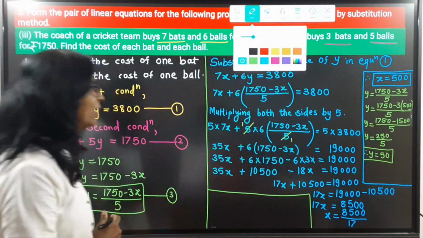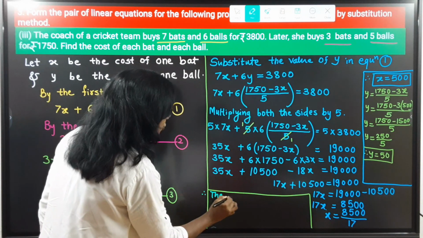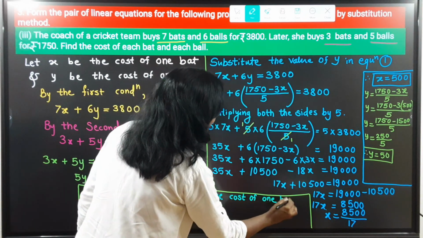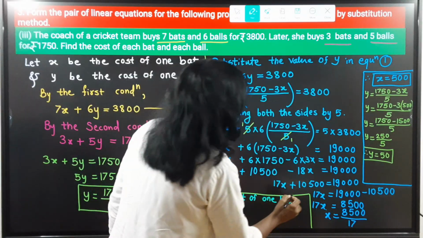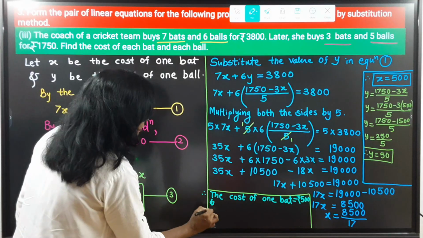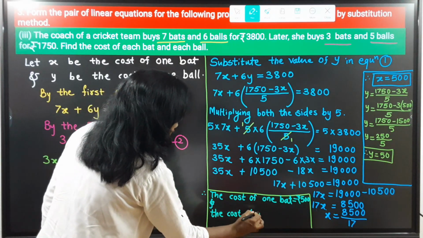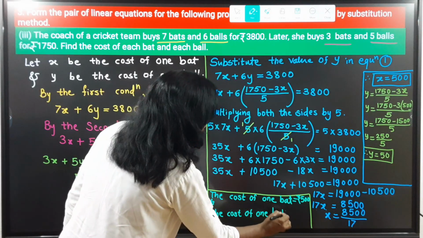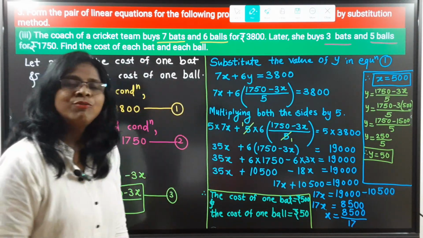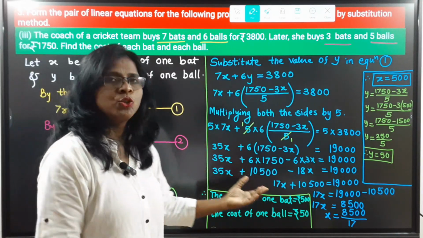The cost of 1 bat is equal to rupees 500, and the cost of 1 ball is equal to rupees 50. Okay, in such a way we can solve such a type of example word problem by the substitution method.